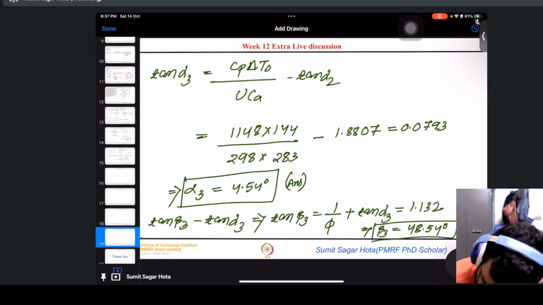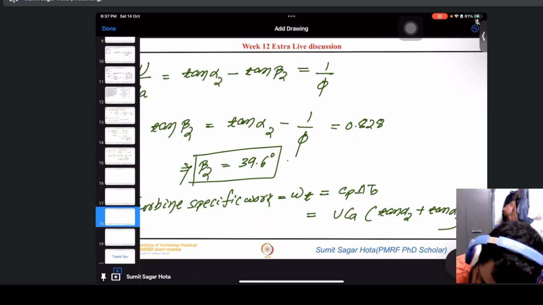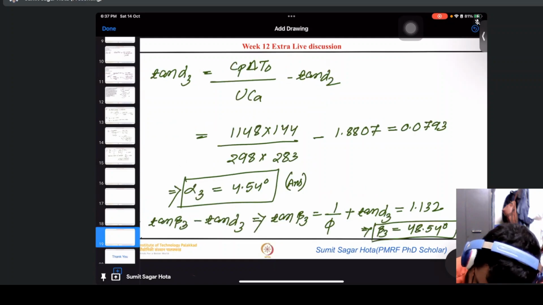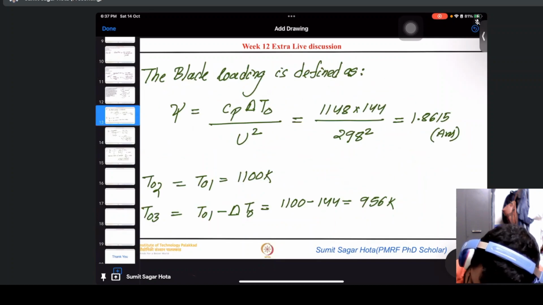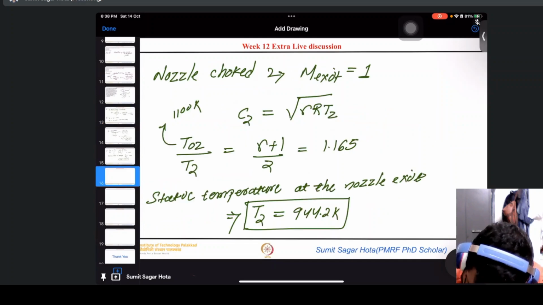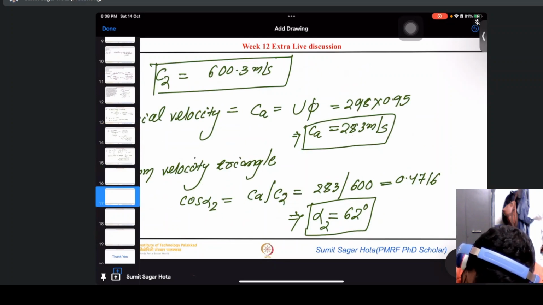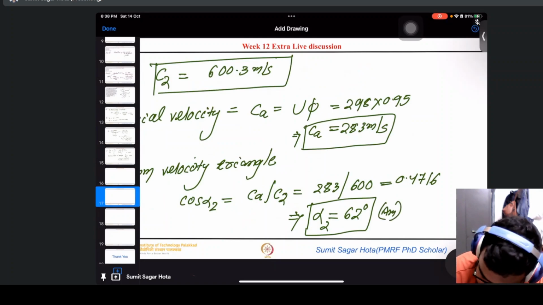Not only this, alpha 2, beta 2 also flow angles. This is also answer.